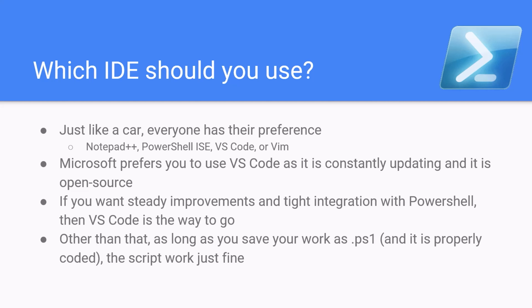If you want steady improvements and tight integration with PowerShell, VS Code is the way to go. Other than that, as long as you save your work as a PS1 file, again, this is the file format that PowerShell recognizes, and it is properly coded, meaning that your variable starts with a $ sign, you have your opening and closing brackets and things like that, the script will work just fine.